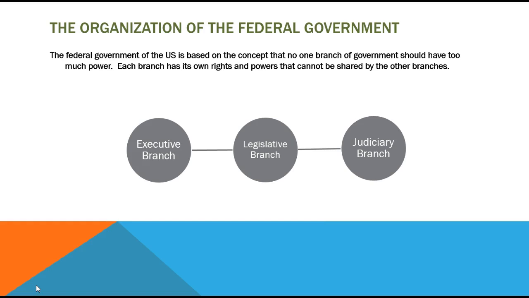For example, a lot of people are really getting upset about the election and worried about who's going to be president, and hopefully whoever comes into office, the legislative branch and the judiciary branch will be able to check and balance that president.